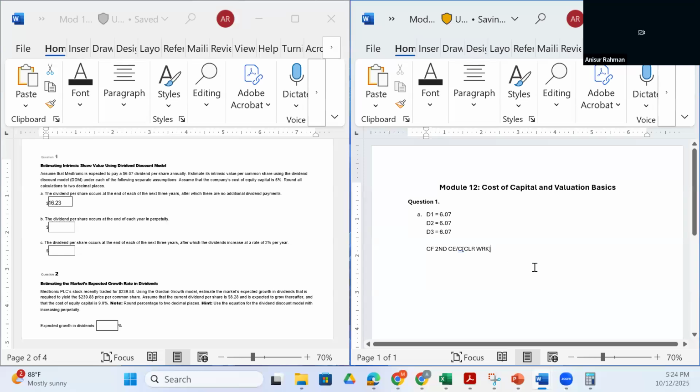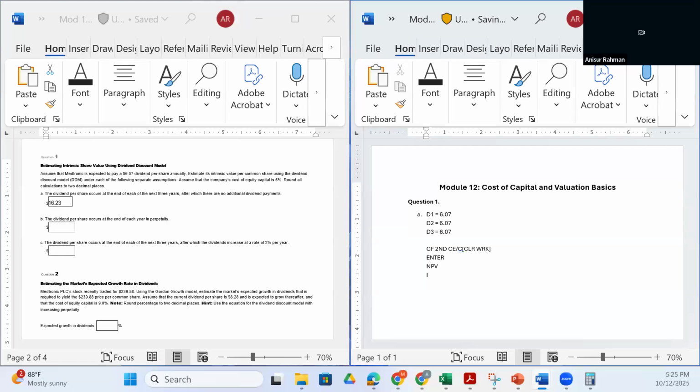After you enter each value, you have to press the enter key. And after you have entered all the cash flows, you press NPV, and it will ask for the interest rate, and then you provide the interest rate.